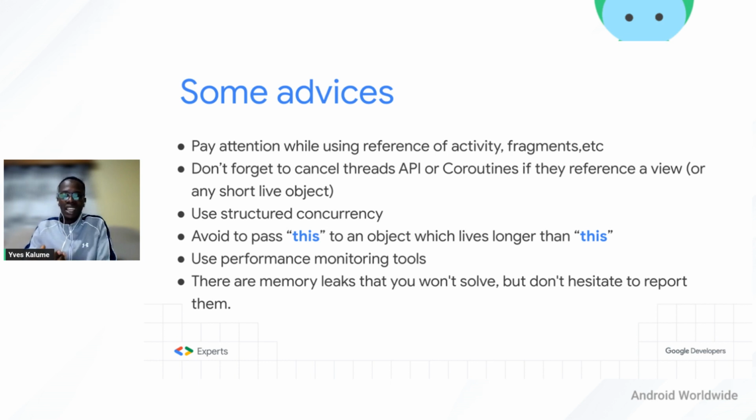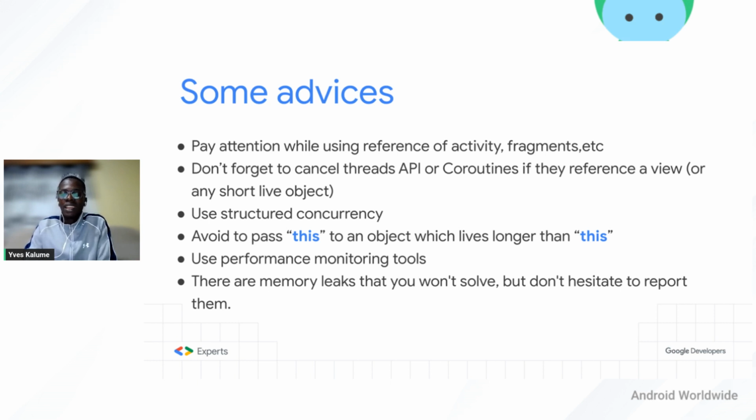And another advice is to avoid passing this to an object which lives longer than this. As I was saying, one of the most common mistakes I've seen is that we usually pass this to log libraries, to some threads of computation, and sometimes we also pass this to a view model.